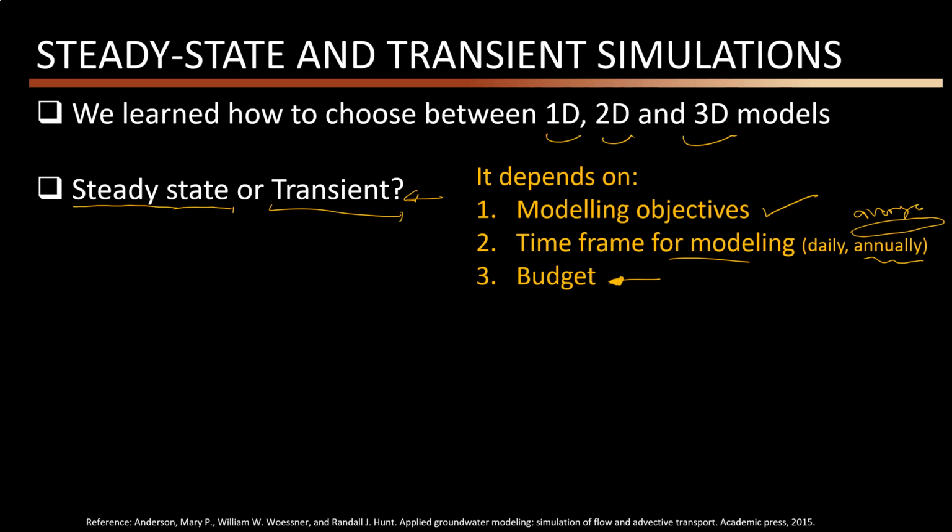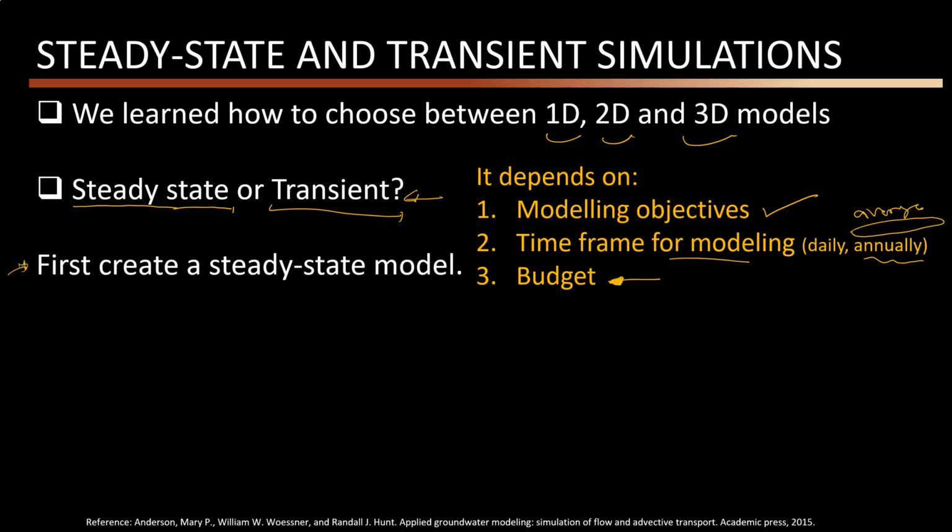But the rule of thumb is that even if a transient model is necessary, we better start with a simple steady state model, so we can learn more and get a better feel for our groundwater model.